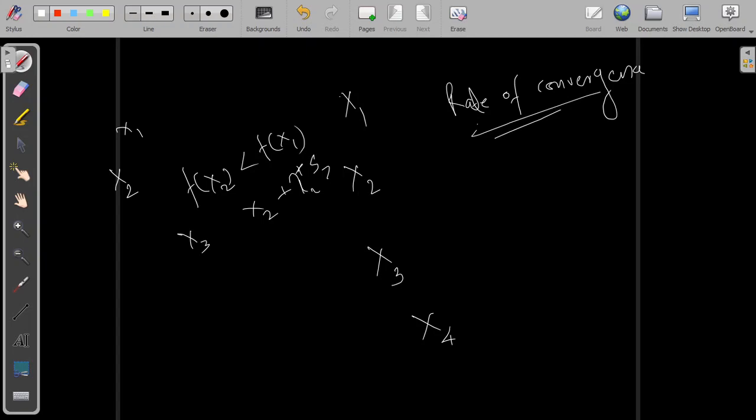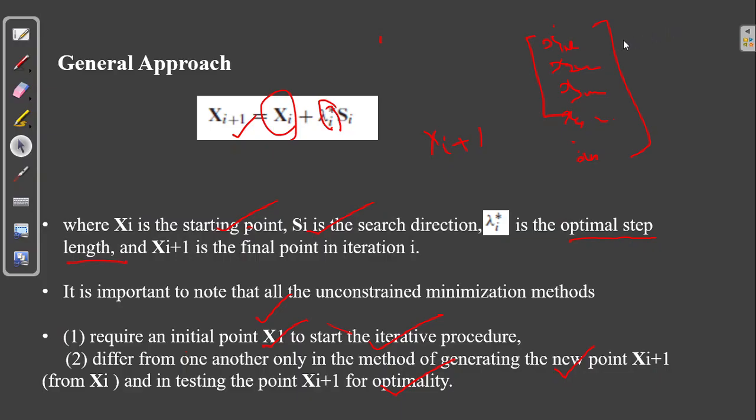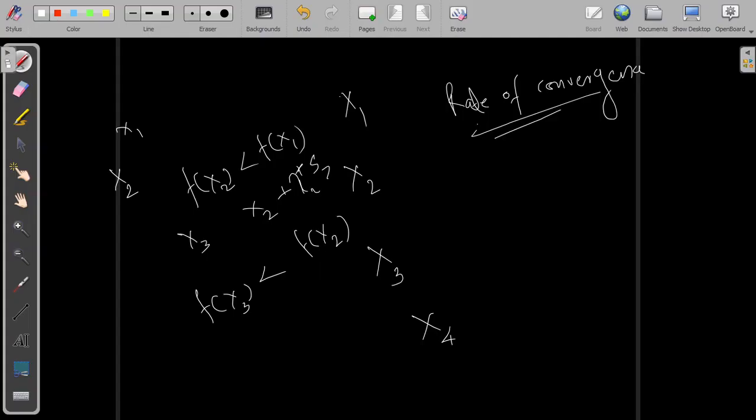Then f of x3 is less than f of x2, satisfied, right? In that manner we will find out all these vectors x1, x2, x3, x4, x5, x6 etc. such that it will converge, or x7, x8 we will find out.